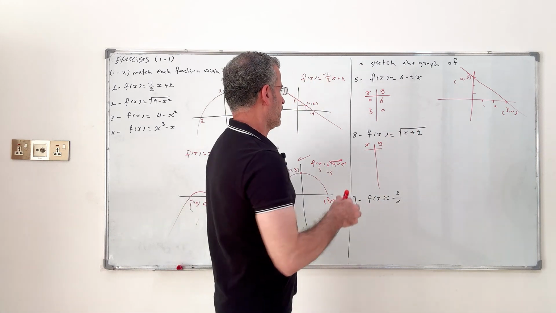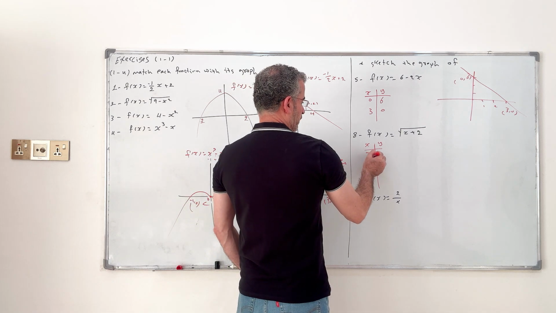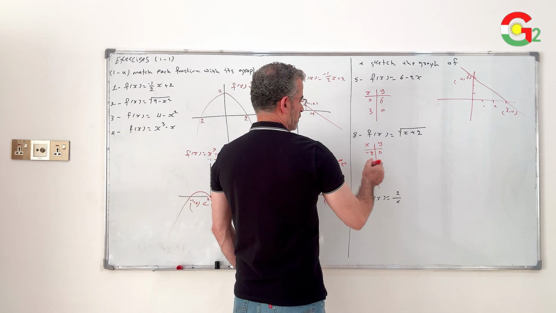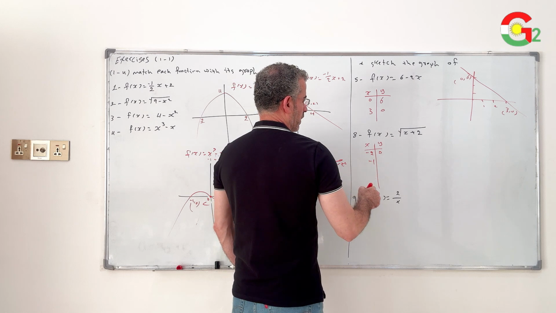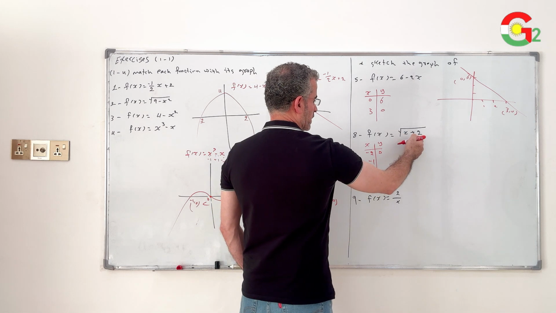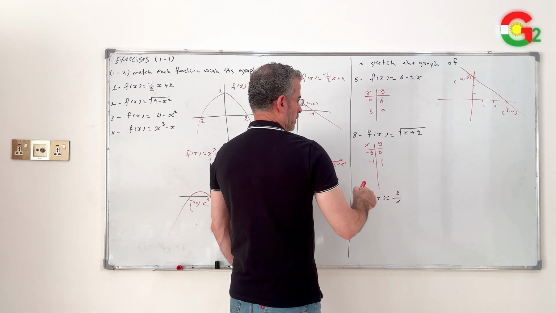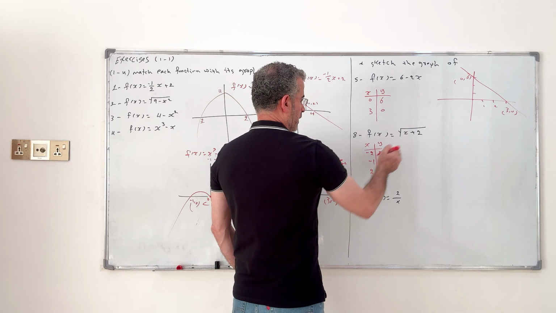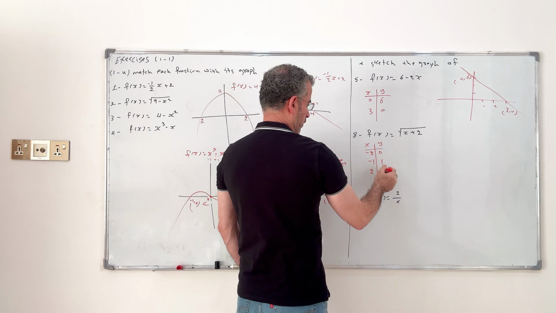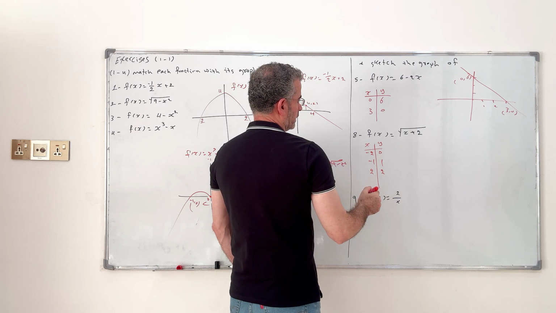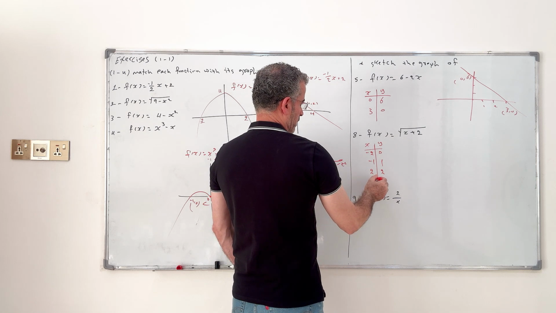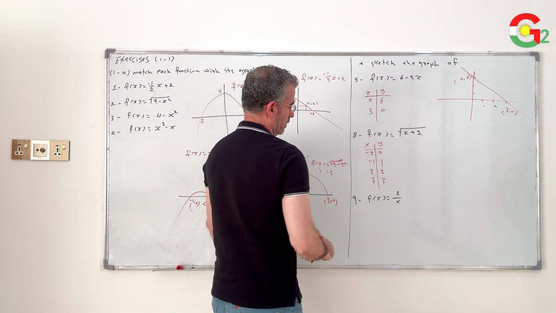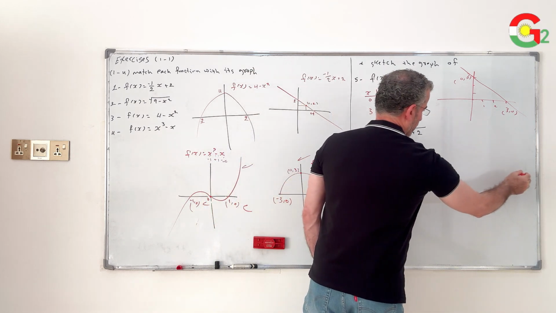Then I take, for example, -2, 0, and negative 1. Negative 1 plus 2 is 1. Square root 1 is 1. I take 2. 2 plus 2 is 4. Square root 4 is 2. I'll take 7. 7 plus 2 is 9. Square root 9 is 3. It's enough.